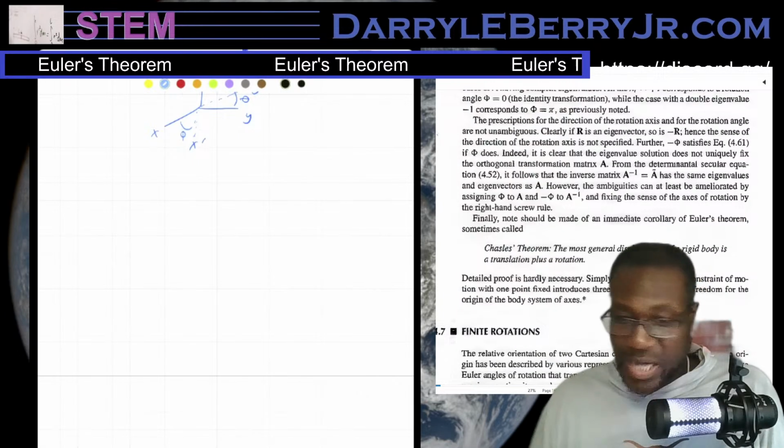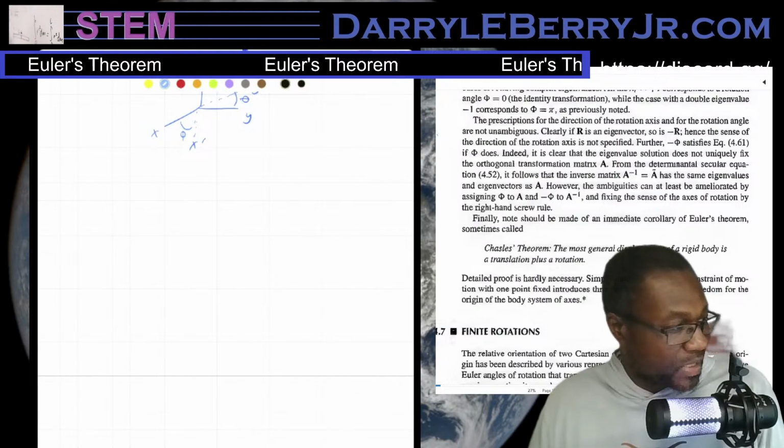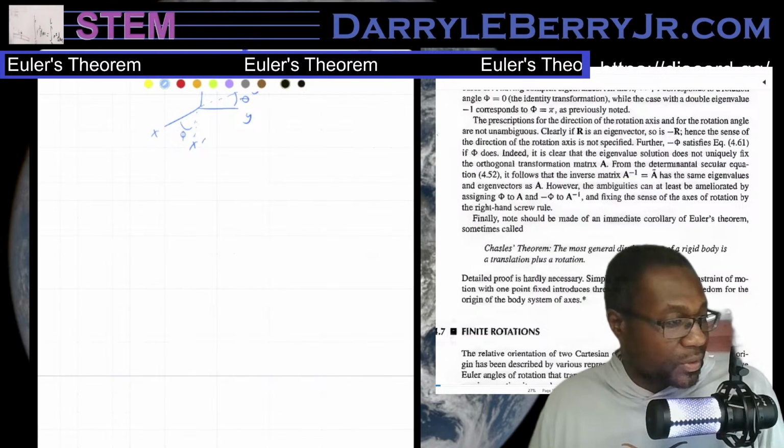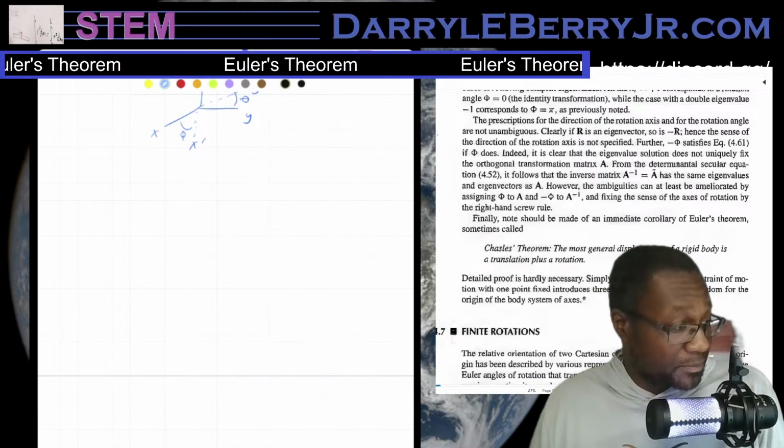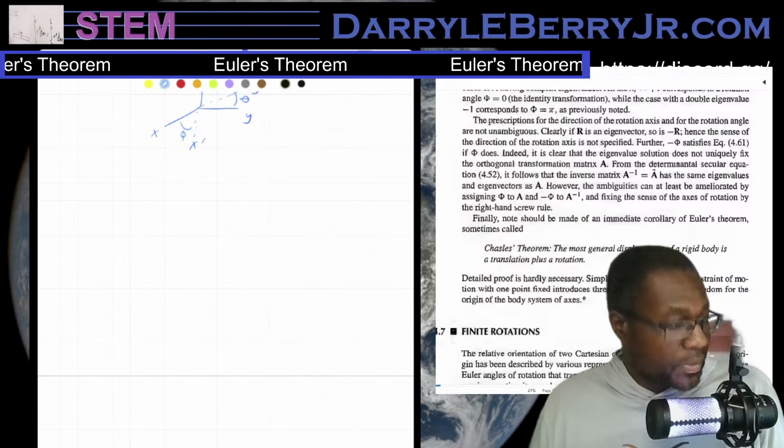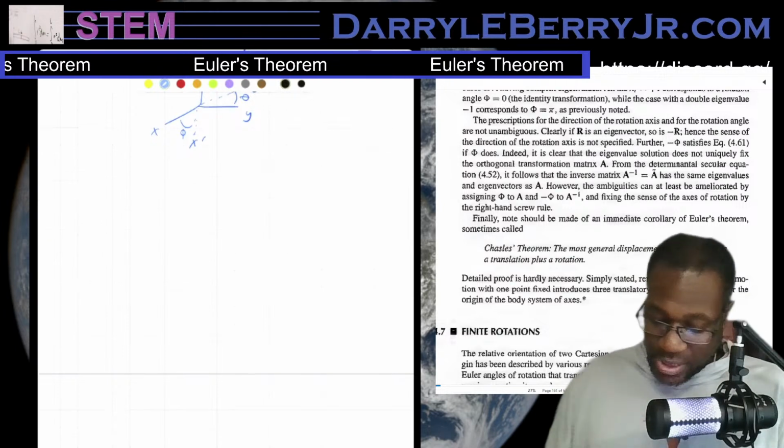Uh-oh. We got to the end of this chapter, so this would be a good place to stop. Finally, note should be made of an immediate corollary of Euler's theorem, sometimes called Chasles' theorem. The most general displacement of a rigid body is a translation plus a rotation.